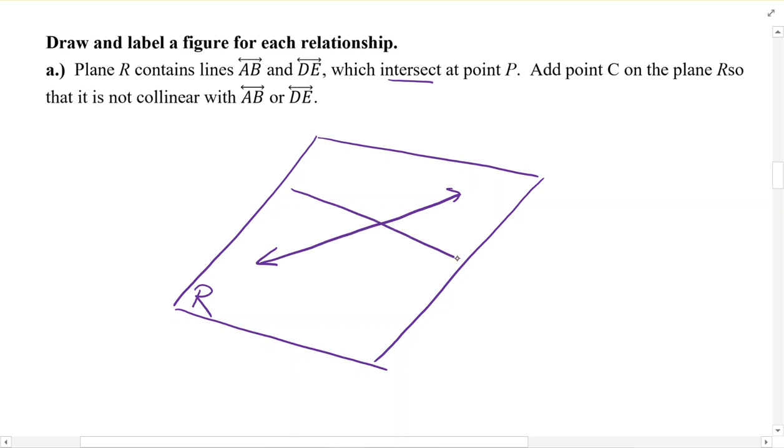So I'm going to draw 2 lines that intersect. They're going to intersect here at point P. I'll name this one AB and this one DE. Add point C on the plane so that it's not collinear with AB or DE.